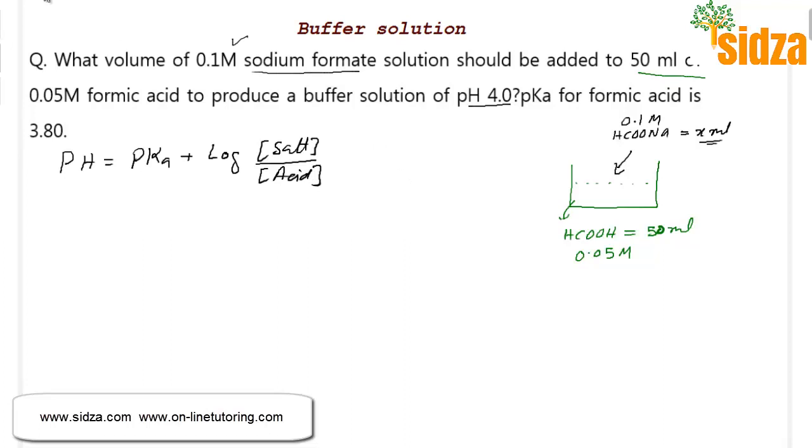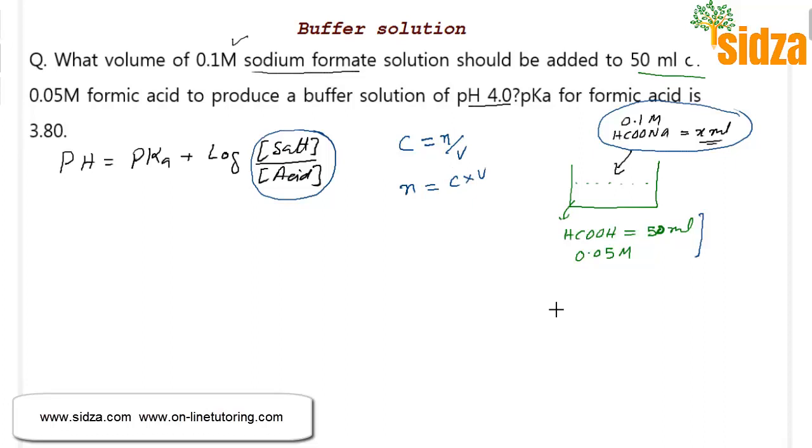Now let's first work on this ratio here, the salt by the acid ratio. We know the concentration is equal to n by V, the number of moles divided by the volume. So the number of moles will be equal to the concentration into the volume. For the formic acid, we have concentration 0.05 into the volume, which is 50 mLs, that is 50 by 1000, right?